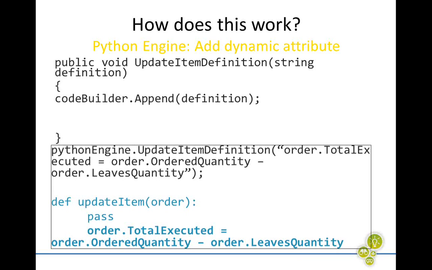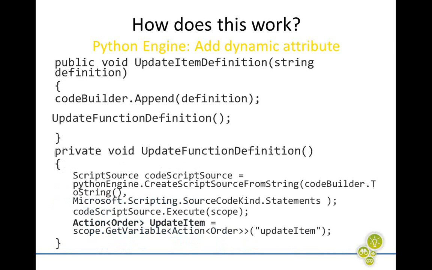Then when I call this update item method for the order variable, we basically update the definition of the order object. Now it is important to know that the order object is a C# object. It is not a Python object. There we were seeing that we created a person object and we added first name on the fly to it in the Python interpreter.